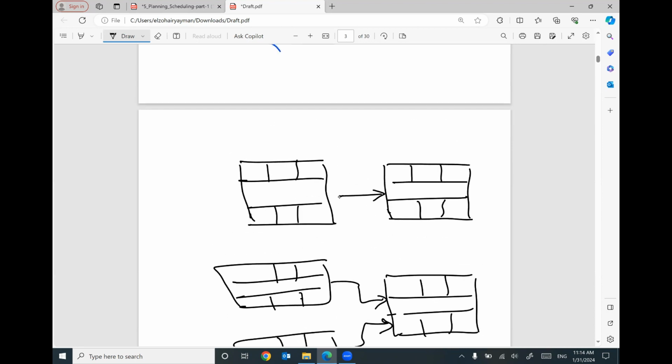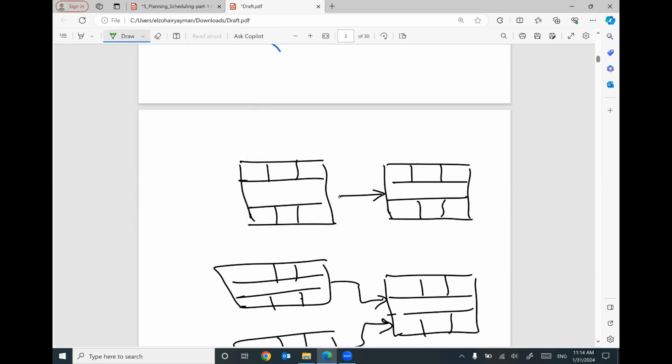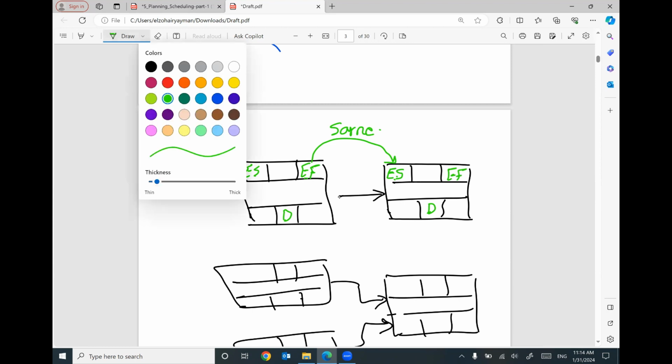So keep in your mind, we learned it before. If this is the early start, I will add the duration to figure out the early finish. This early finish will be the same as this early start. This number will be the same as this number. Then this early start plus duration will give you the early finish. This is what we learned in the forward path.